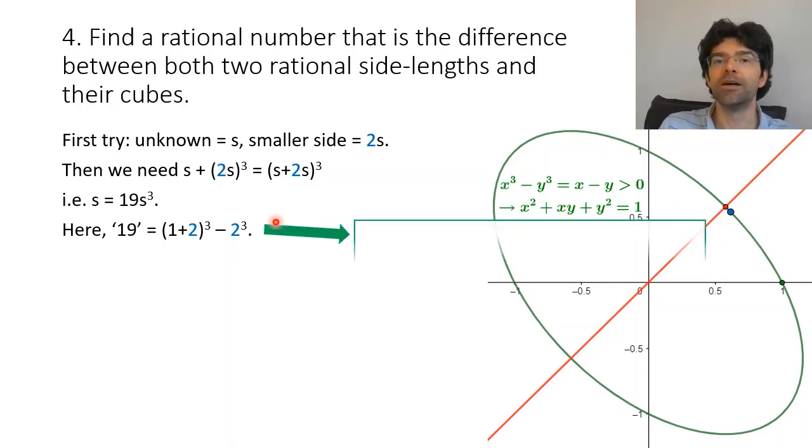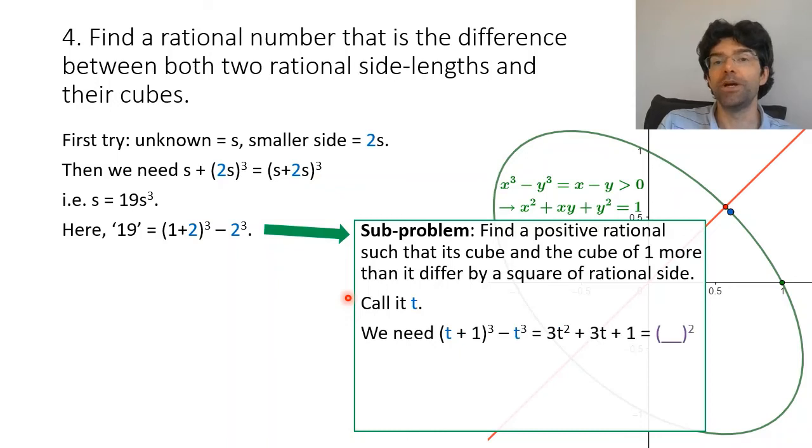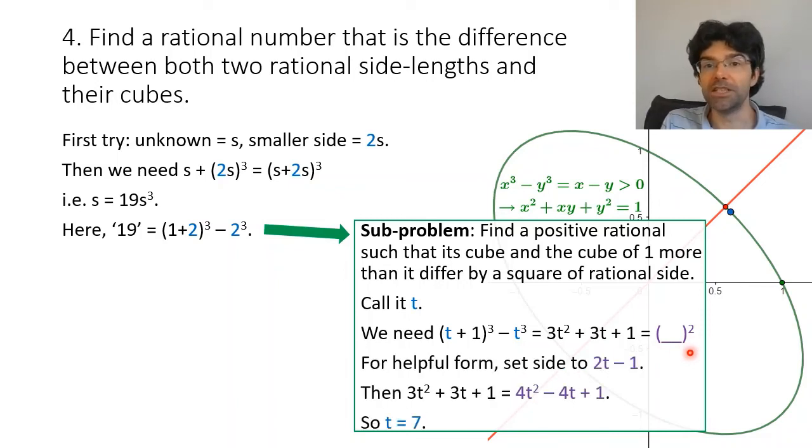Find a rational number such that its cube and the cube of one more than it differ by a square of a rational number. Well, call the unknown in the subproblem t. What we need is 1 plus 3t plus 3t squared to be a square. It's easy to convert into helpful form by cancelling the t to the 0 term.